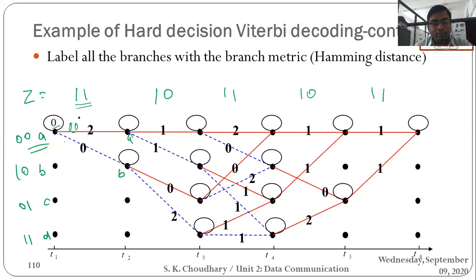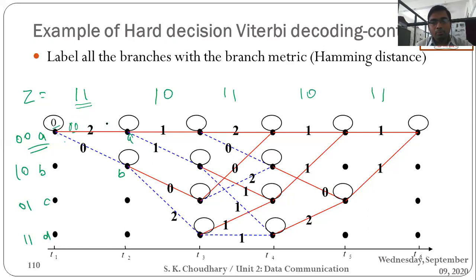What is the Hamming distance for this? It is 2. I think all of you now know how to find the Hamming distance. You see in how many positions it differs. In the first position it differs, 0 and 1, then 0 and 1 again. So there are two positions where the code word differs, which means the Hamming distance is 2.